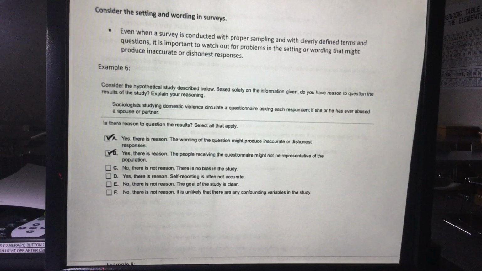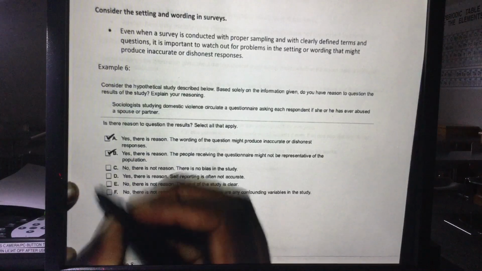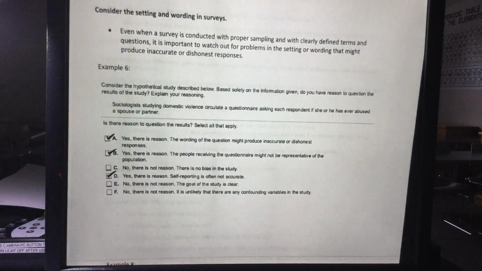And those people in those various places that get that questionnaire won't be a representation of that entire population. Another reason is that self-reporting is often not accurate. So there are some reasons for questioning those results.